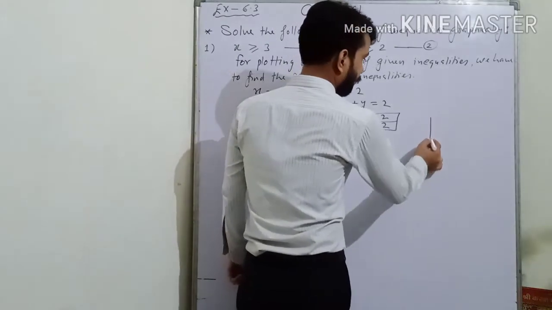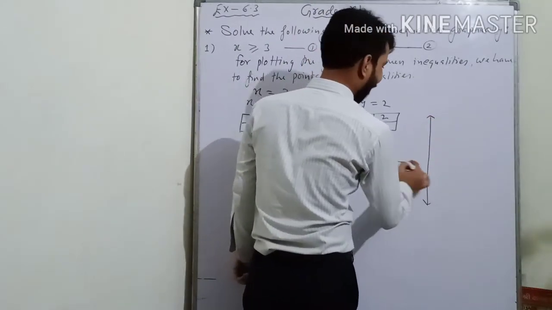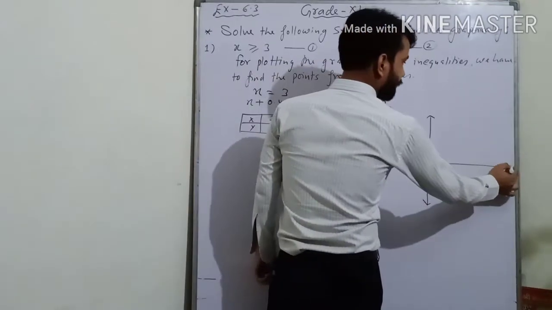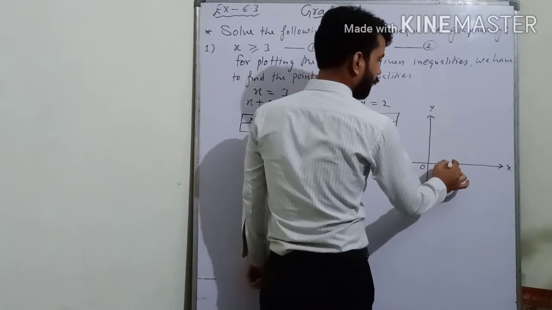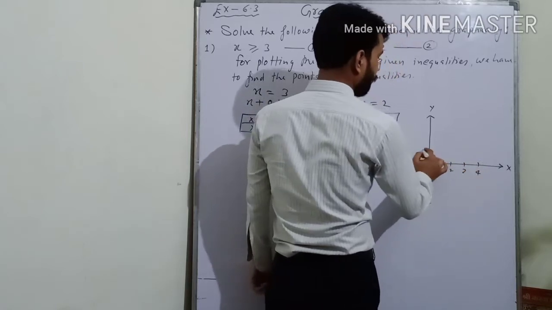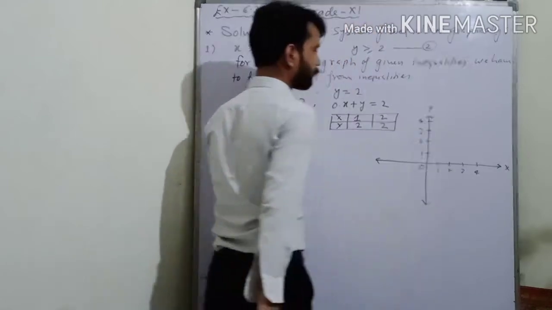So we will have to draw a graph. This is x-axis, y-axis, origin. 1, 2, 3, 4. 1, 2, 3 and 4.